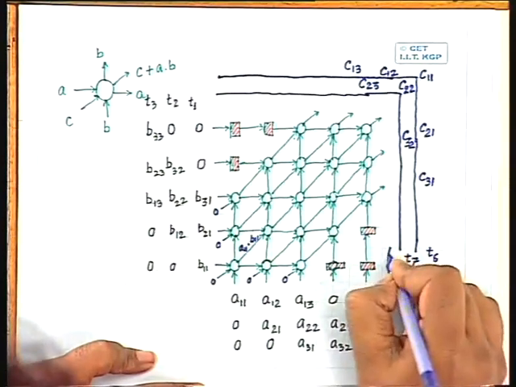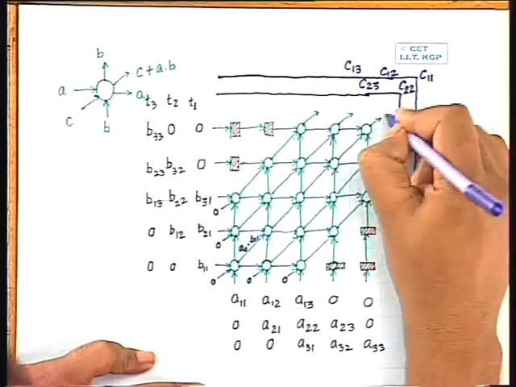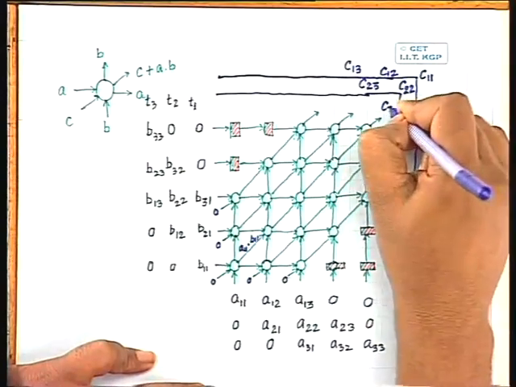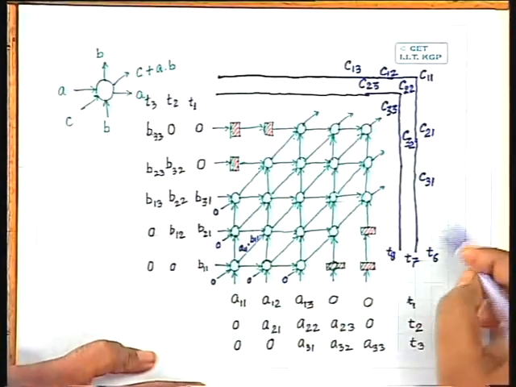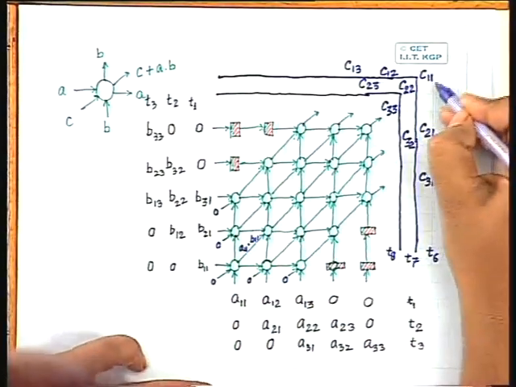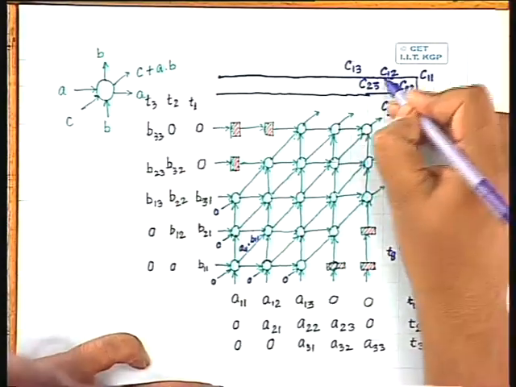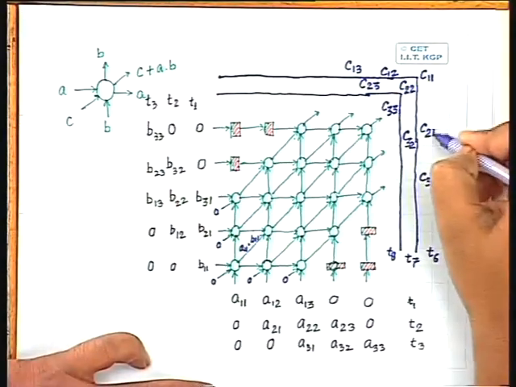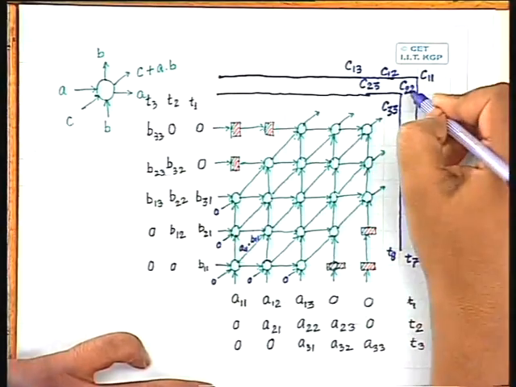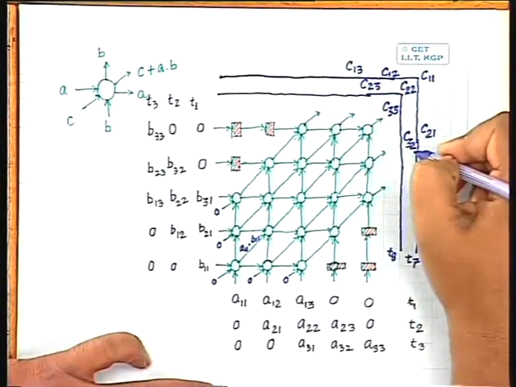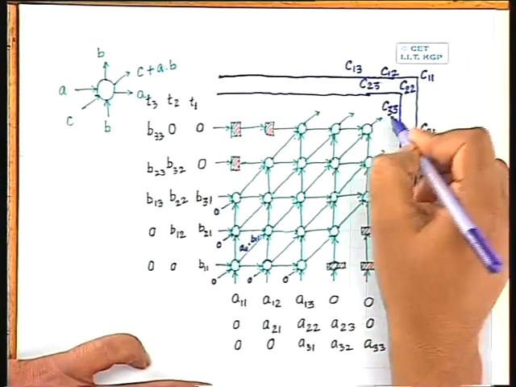And during time T8, this node will output C33. And how the data will flow, if you analyze that, you will find that after time T6, simultaneously I get C11, C12, C13, C21 and C31. During time T7, I get C22, C23 and C32. And during time T8, I get C33.